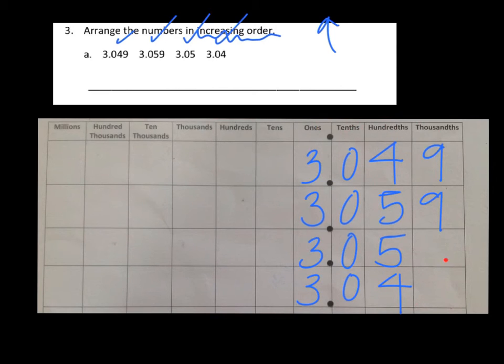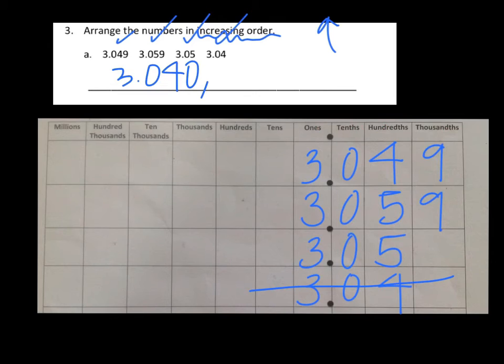This is 40 thousandths and this is 49 thousandths. So that means my smallest number is going to be 3.04. Or you could say that's 3.040.